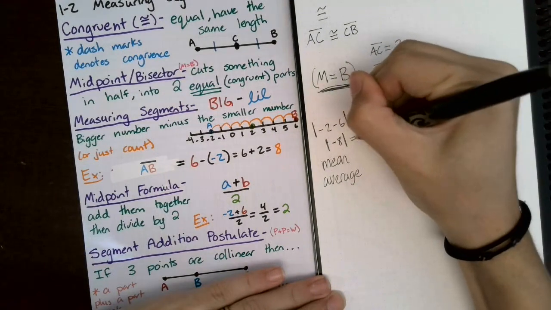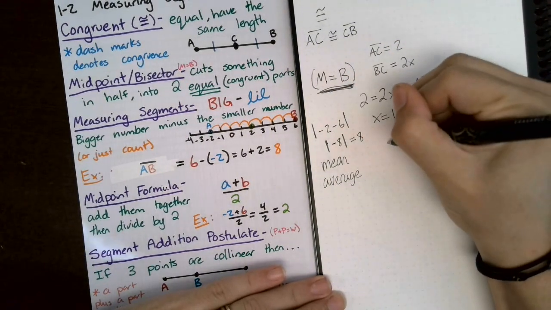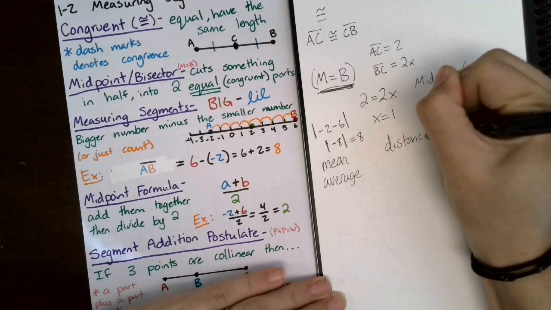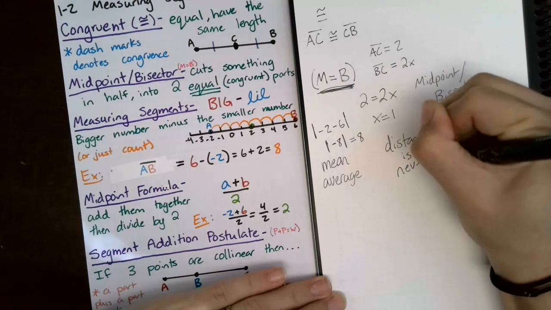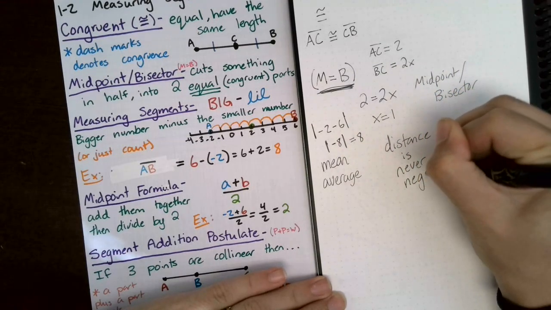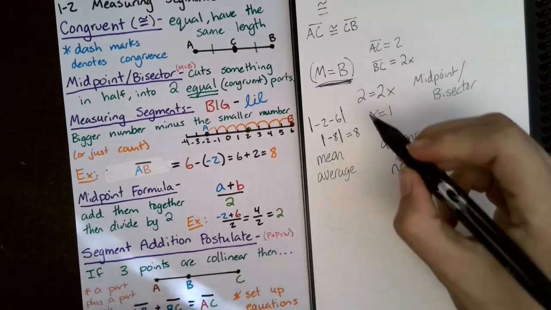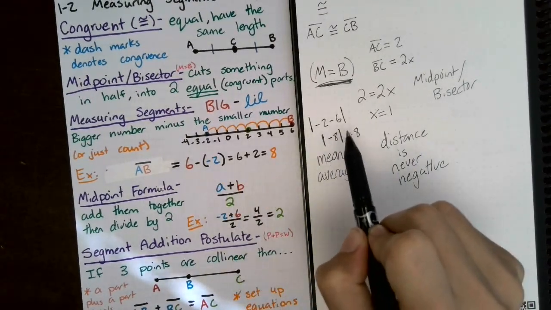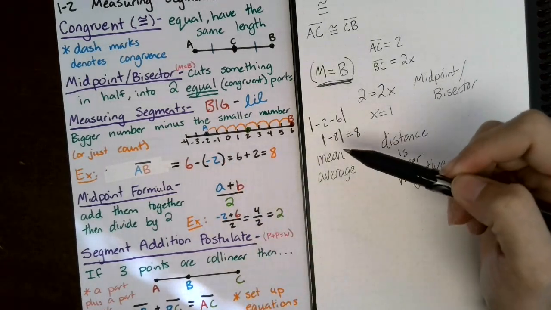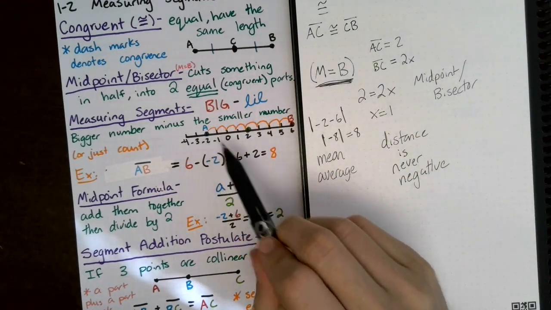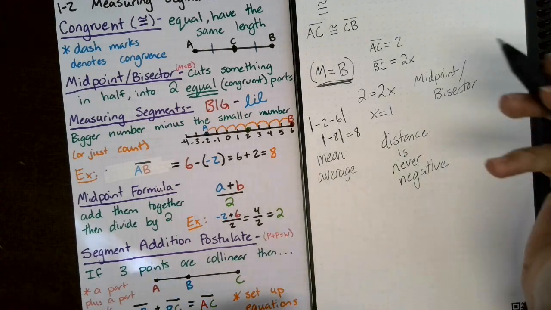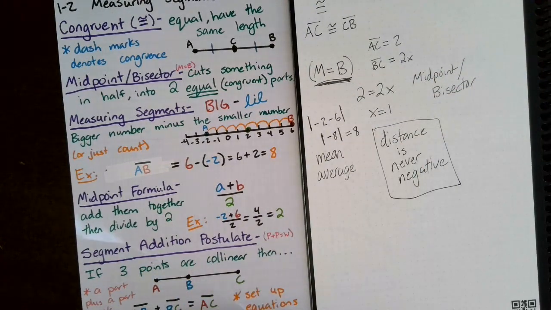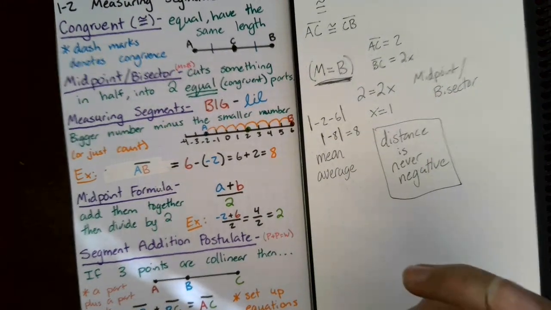So our distance is actually 8, okay? Distance is never negative. So if you get a negative distance, you can either switch the two numbers around, so you do big minus little, or you can take the absolute value, as long as you are using the correct two numbers. But that is a key idea here, okay?